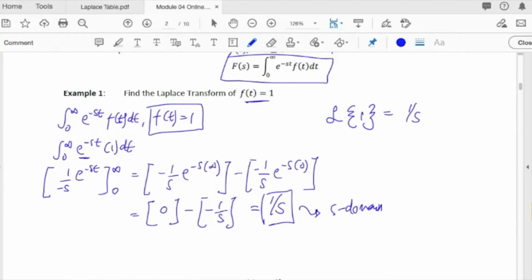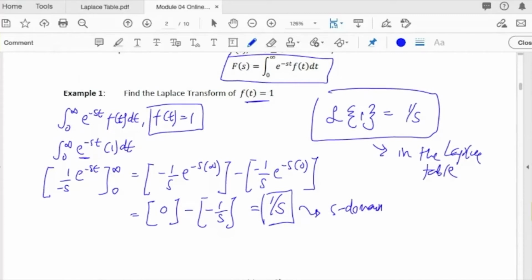If you refer to your Laplace tables, you can find this information there. You can try to find it in the Laplace tables.